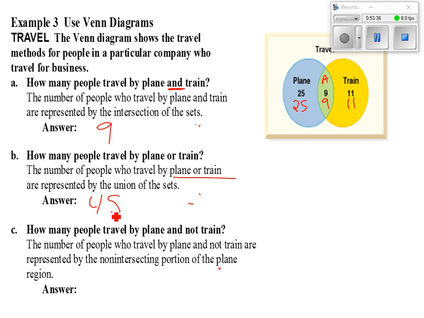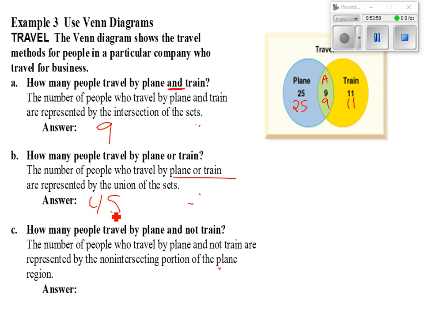Wait, you can't just pick one of those? No. Since it's plane or train? It said how many people travel by plane or train. So we want all the people who travel by either plane or train. It wouldn't make sense if it said plane and train. Now, if it said plane and train, then that's only these people in the middle here.